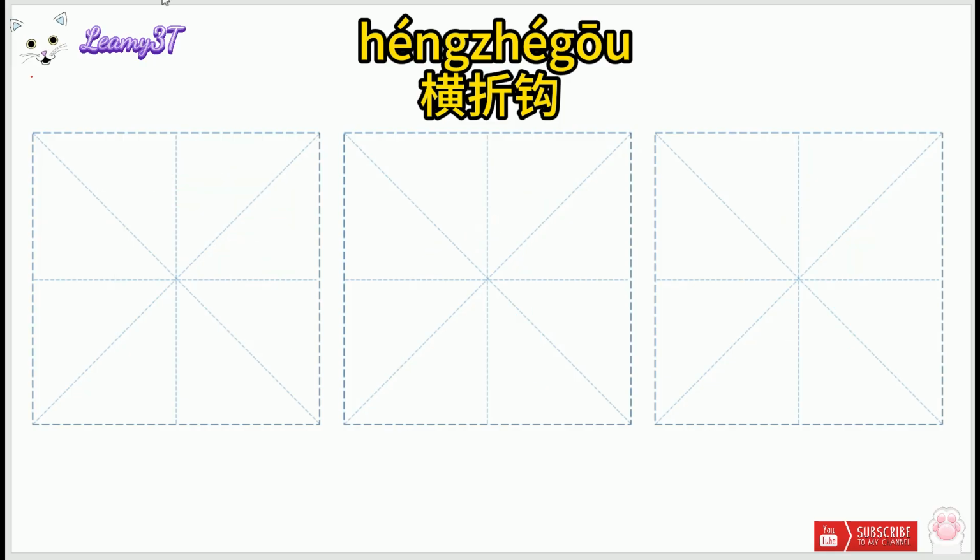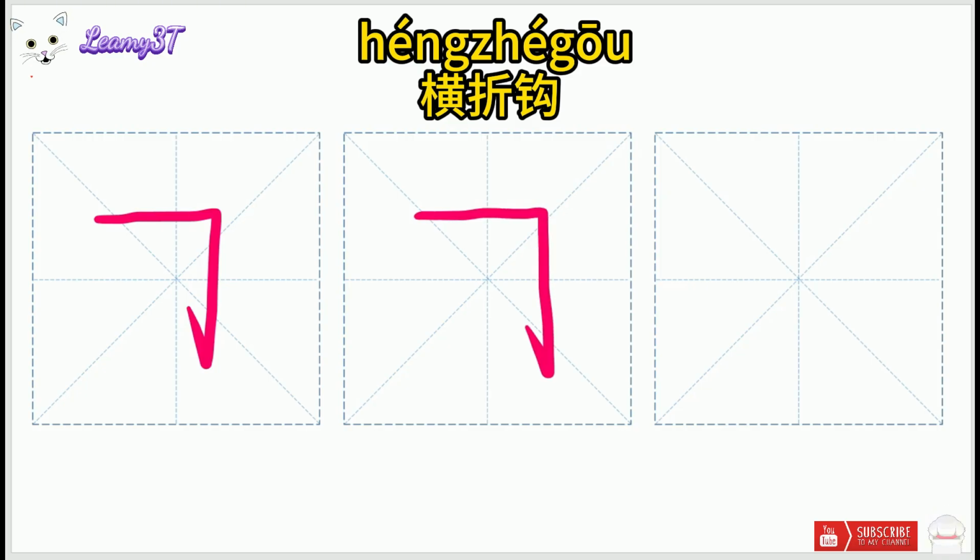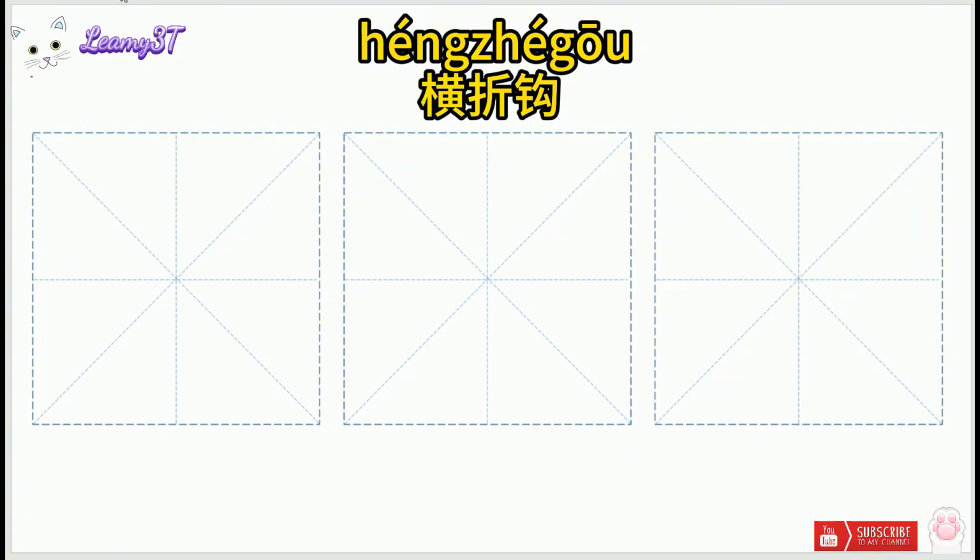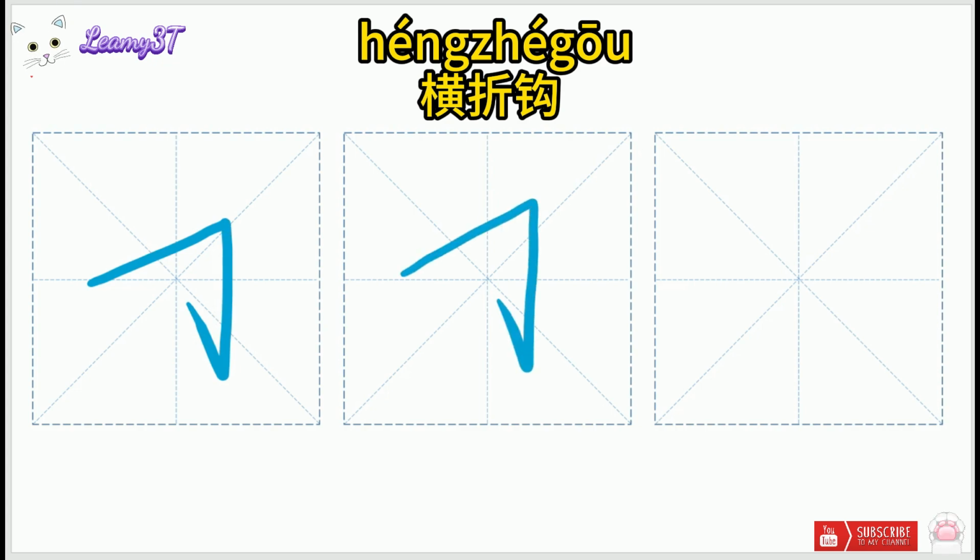First, let's make heng horizontal. héngzhégōu, héngzhégōu, héngzhégōu. One more page. This time, we're going to make the angle a little bit sharp. héngzhégōu, héngzhégōu, héngzhégōu.